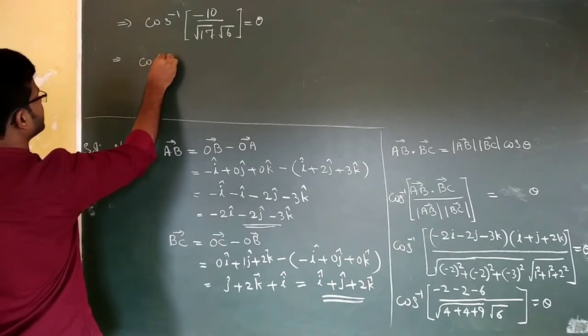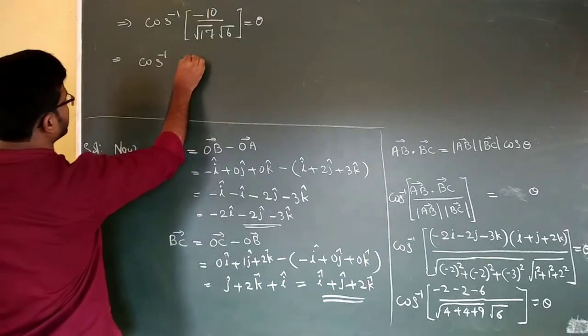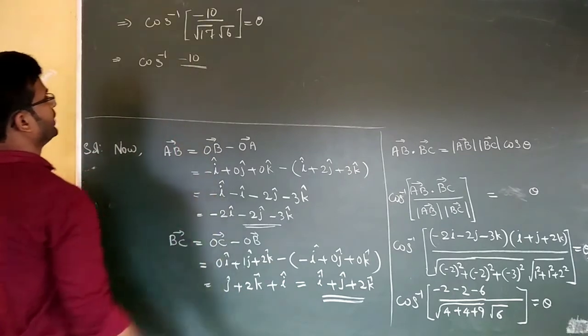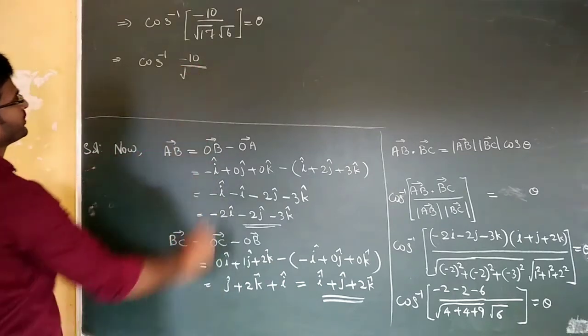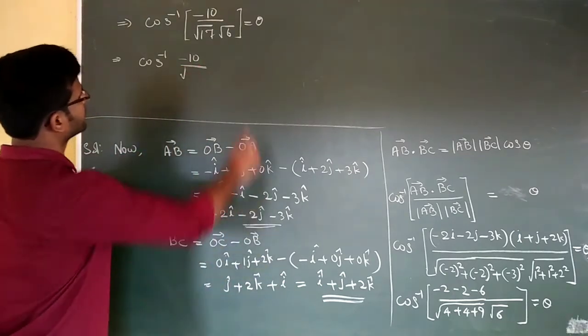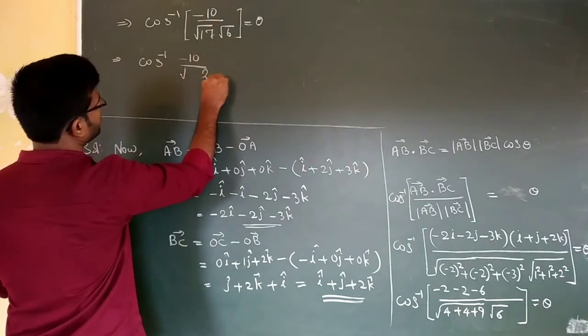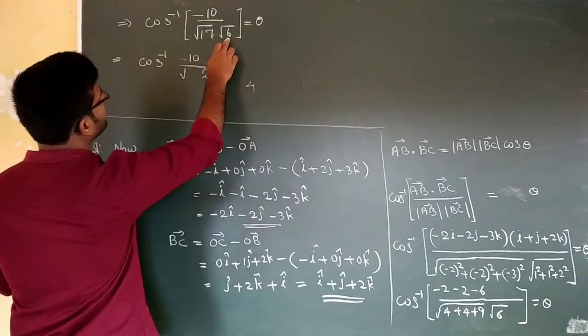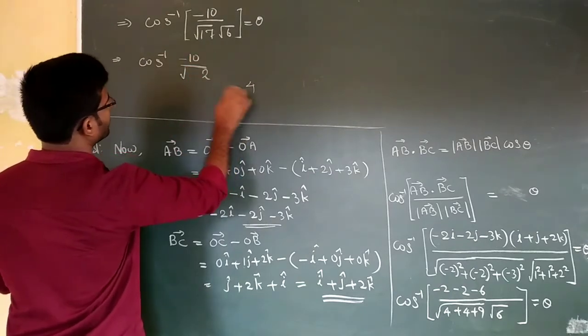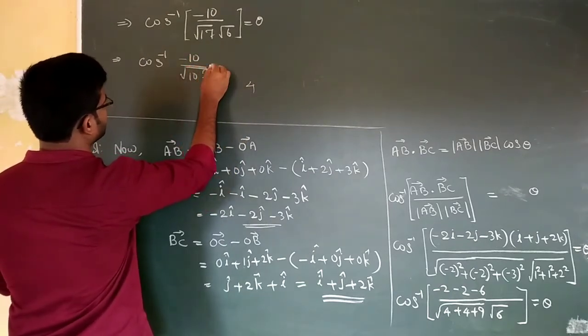Cos inverse, minus 10 divided by square root of 17 into 6, 6 into 17, 102.